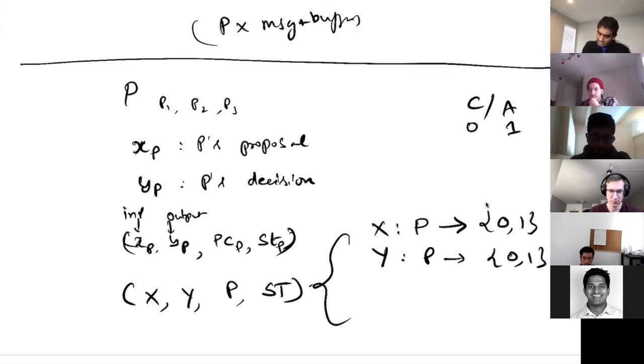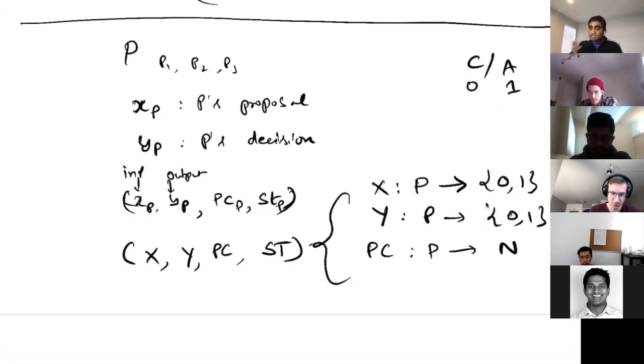And PC, program counter, which maps from P to a natural number. You have control in your program that goes from 0 to infinity. So the program counter maps each process to the point in its program where the control is, right? And you have ST, which maps P to anything.